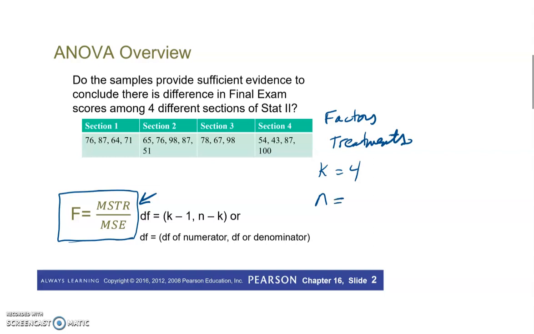So the N without a subscript is going to be 16, where N sub 1 is 4, N sub 2 is 5, N sub 3 is 3, and N sub 4 equals 4. Please pay attention to this as you're going through the problems.